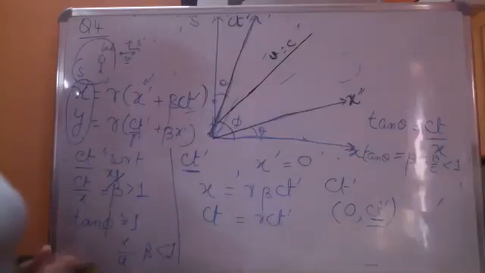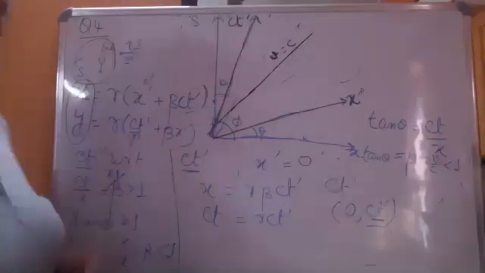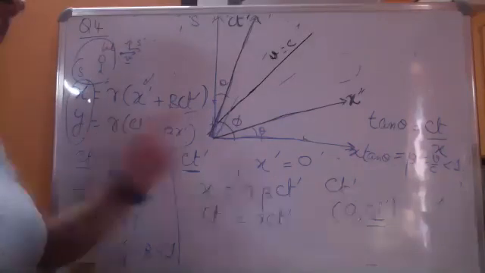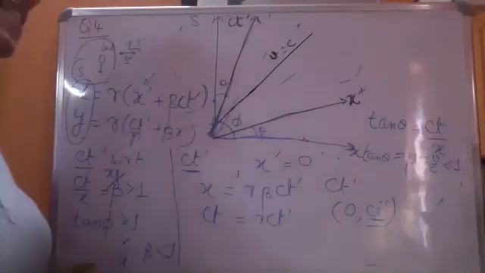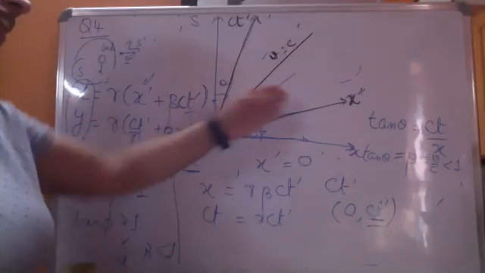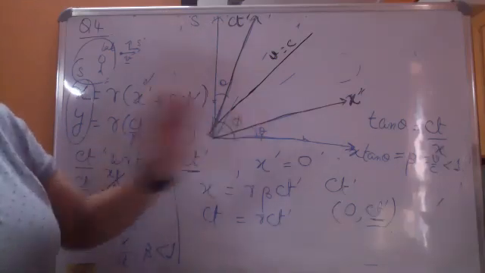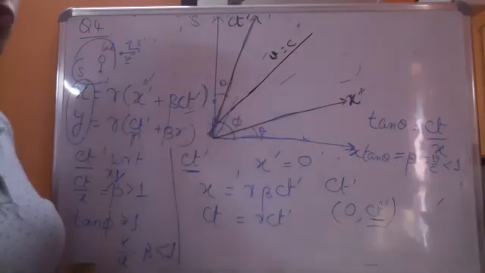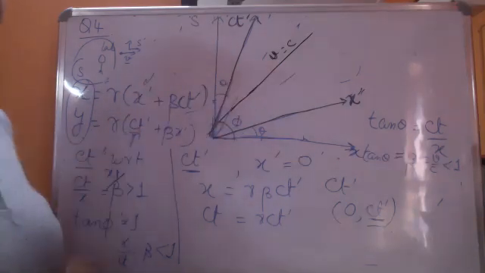So you must understand this is how x prime and ct prime would look to an observer in the lab frame, in the x-ct frame of reference. In the frame of reference of the particle, x prime and ct prime would be mutually perpendicular to each other. And x and ct would look something like this.